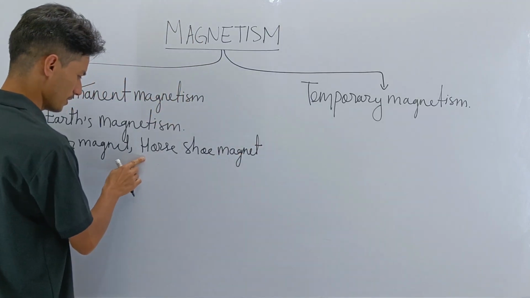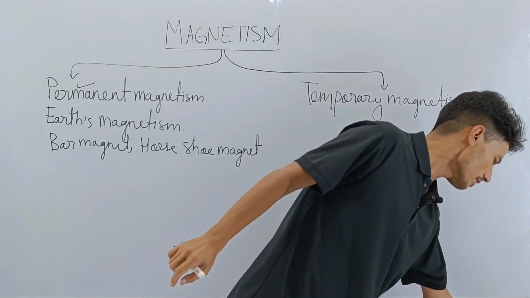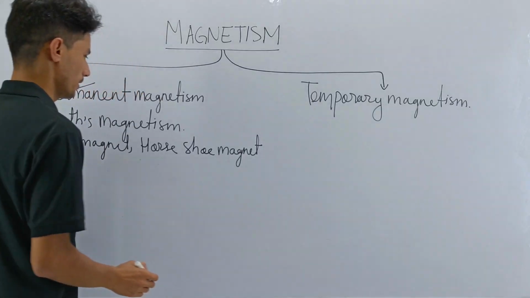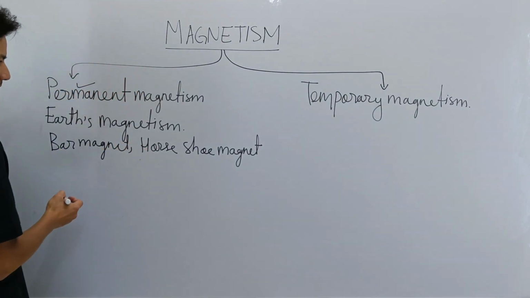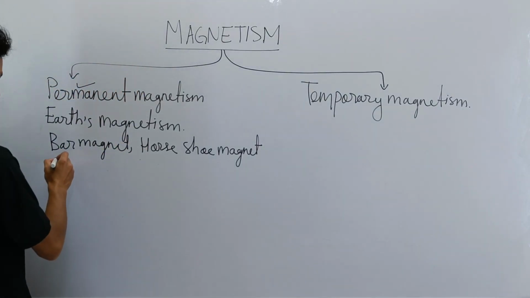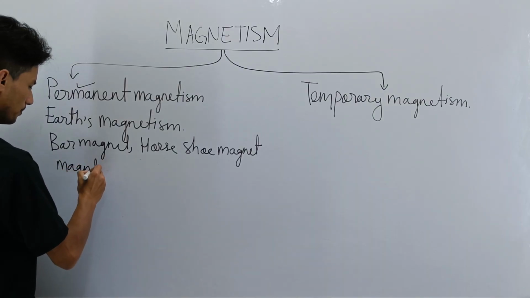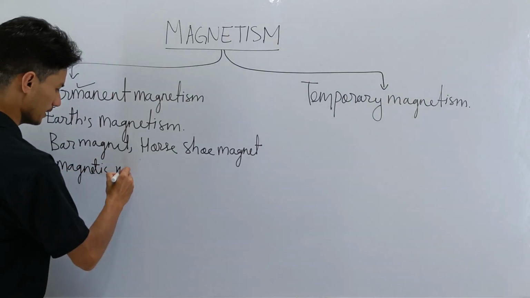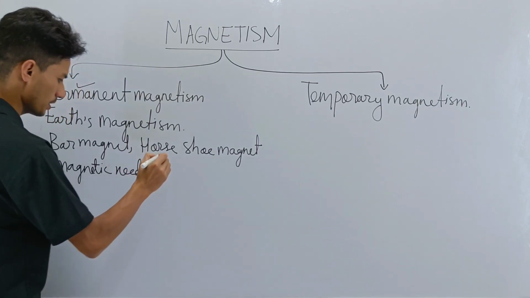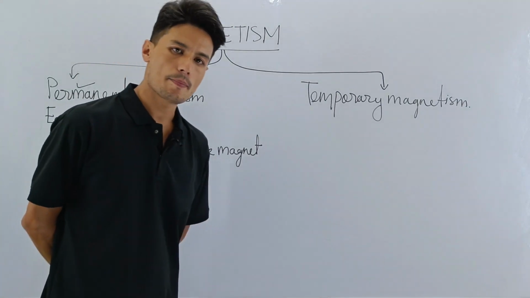My spelling errors are getting worse and worse each day. So horseshoe magnet. Then we have a magnetic needle. So these are examples of permanent magnets.